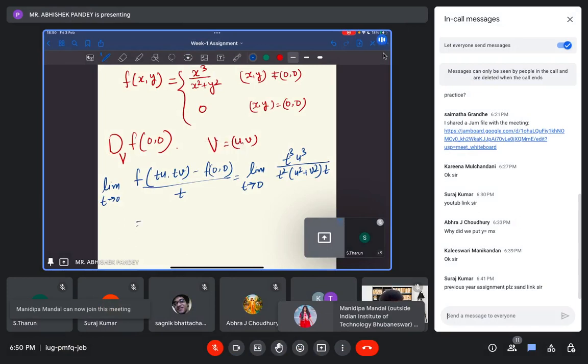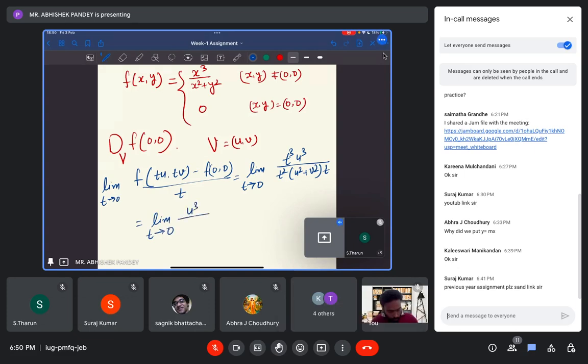So this will give you limit t tends to 0 of u cube upon u square plus v square. So this is nothing but u cube upon u square plus v square, and this exists always because u square plus v square is non-zero when u comma v is non-zero. Okay.